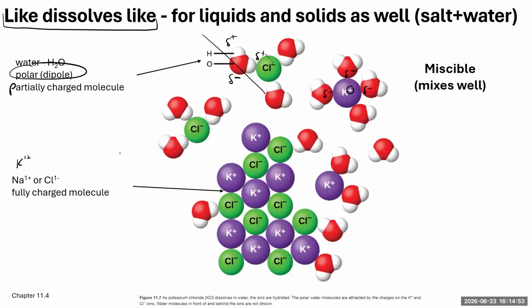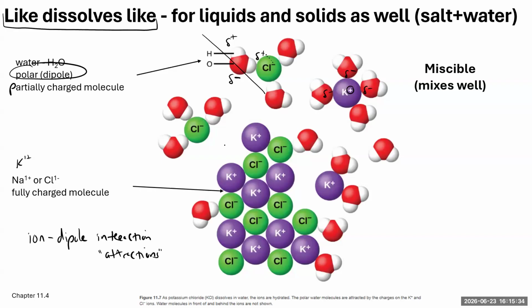So the water is a dipole, and these are called ion-dipole interactions. But again, salt, sodium chloride, or in this case potassium chloride, starts as a solid, but you put it in water, because water is a polar substance, it will dissolve that solid into these little ions.